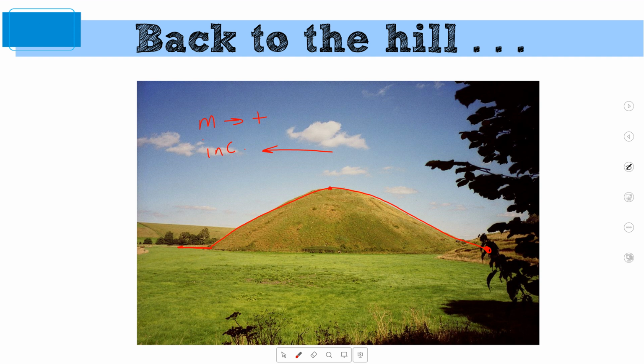And as he just mentioned, the function is increasing. It's going up. That should be fairly logical. If you're climbing a hill, you have to go up to get to the top of the hill. Then you get to the top of the hill, and you start to come down. Matthew, the slope is... Negative. Thank you. And the function is decreasing.